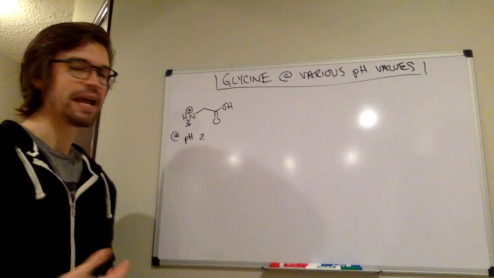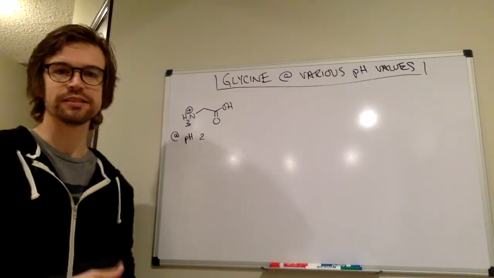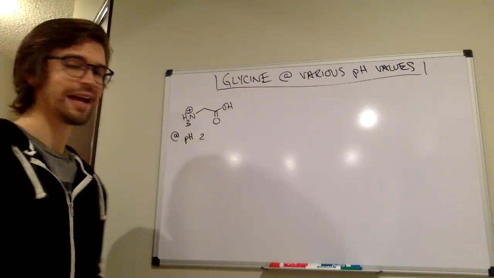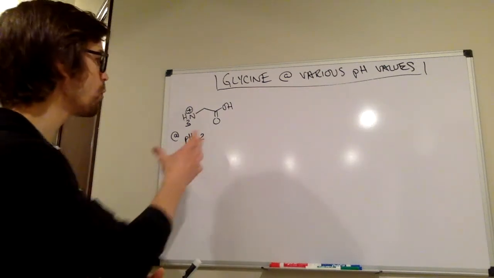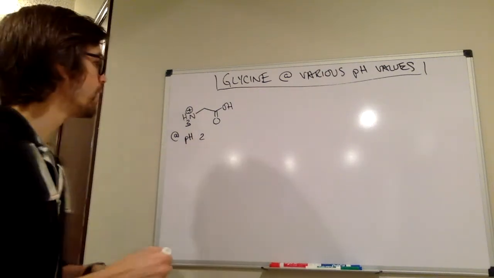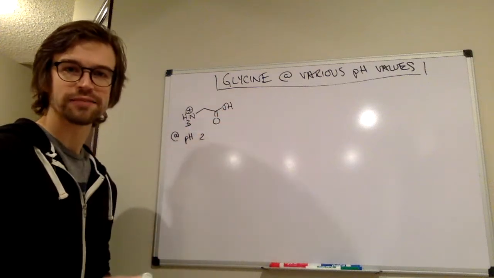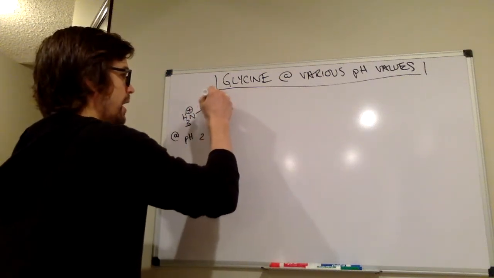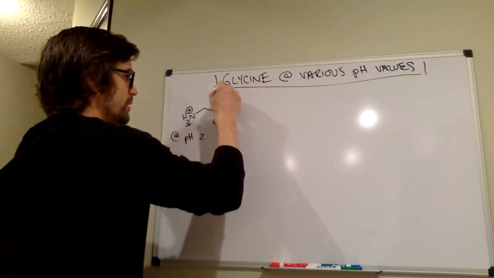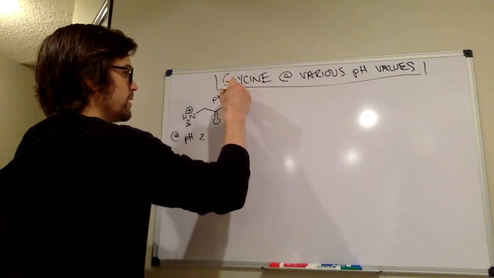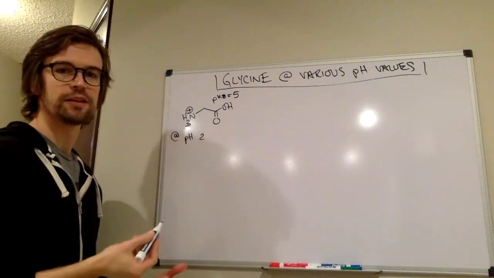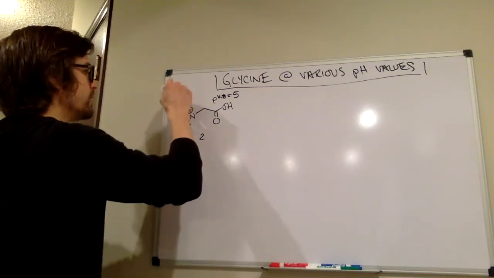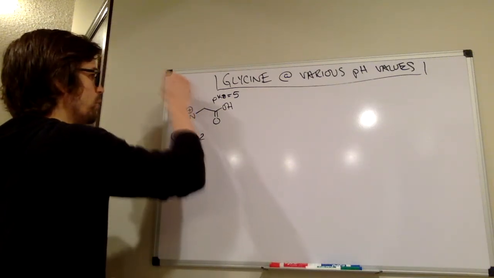But how does pH impact amino acids? Well, this is what glycine looks like at pH 2. And what do we know about these functional groups? Well, this is a carboxylic acid functional group. We know that the pKa of that functional group, that's right on our list to know, is about 5. This right here, this is an amine. It's a protonated amine. It's really similar to NH4+.